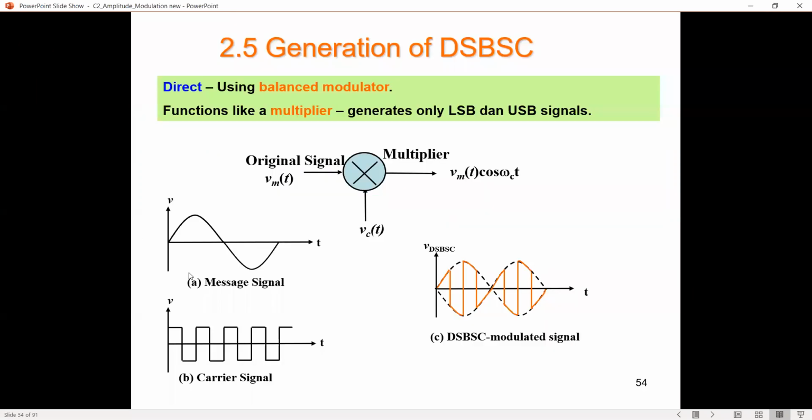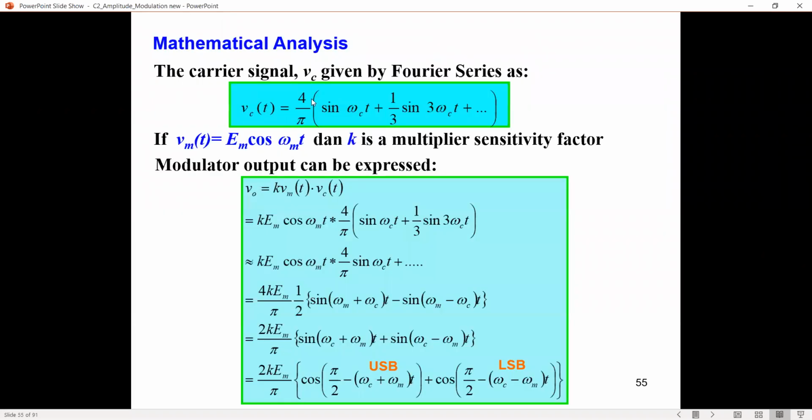So here is the pulse carrier. But our information is analog, so for the carrier signal, instead of just sine or cosine omega c, because it's a square wave, we include the higher harmonics here until the third harmonic.